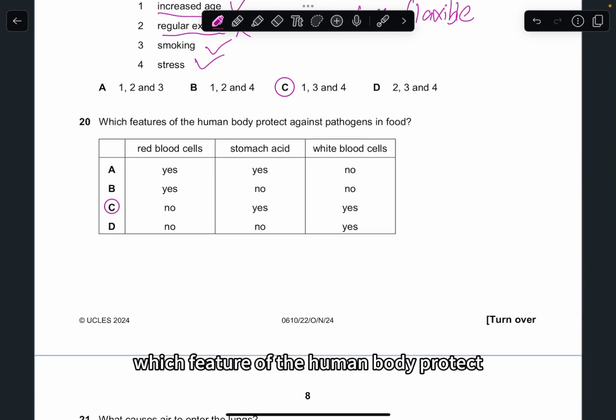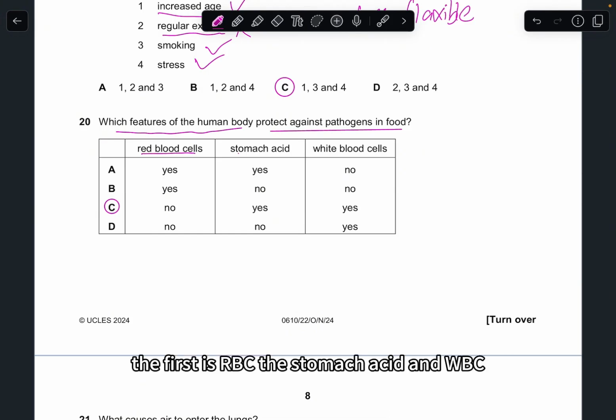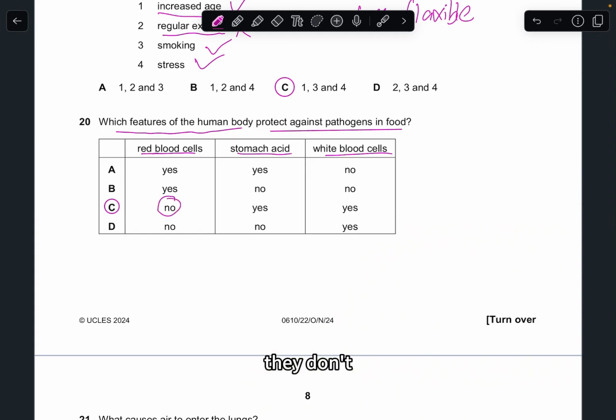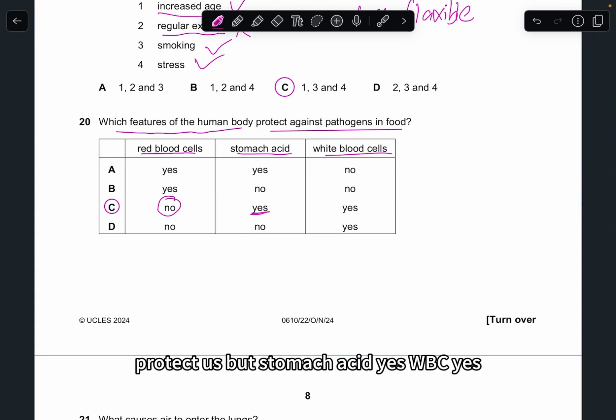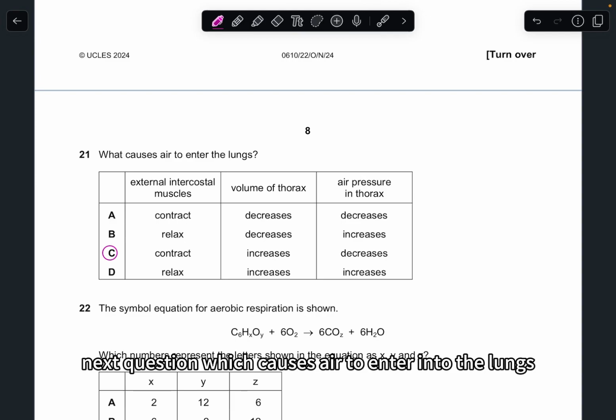The next question is, which feature of the human body protects against pathogens in food? The first is RBC, the stomach acid, and WBC. Against pathogens like bacteria, RBCs don't protect us, but stomach acid, yes. WBC, yes.